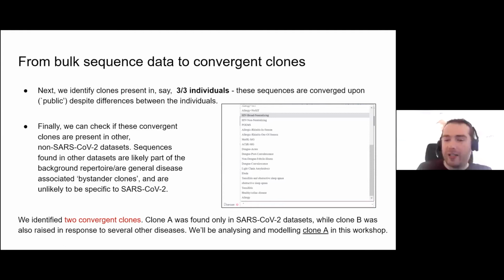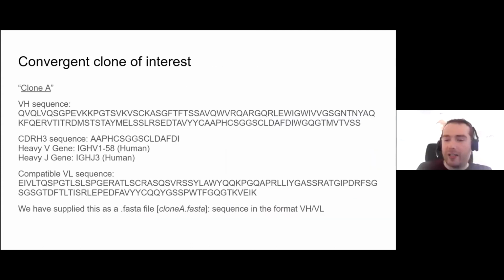And so for the rest of this workshop, we're going to be analyzing and modeling clone A. This is the one that is likely to be specifically a SARS-CoV-2 binder. And so Matt is going to talk you through, we've gone through the process of identifying from the sequence data our convergent clone. What can we then do to take this sequence and turn it into a structural hypothesis for how it might actually bind? So over to you, Matt.